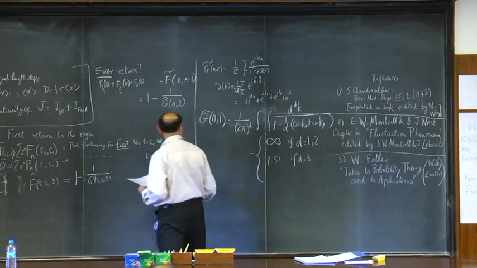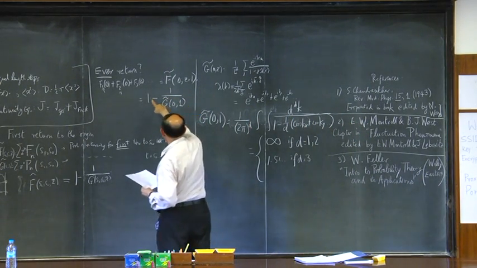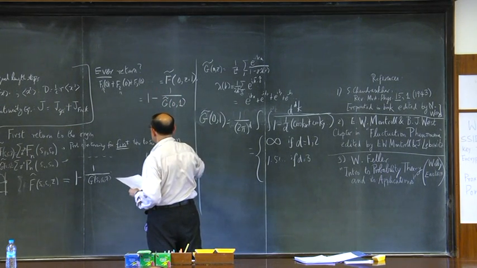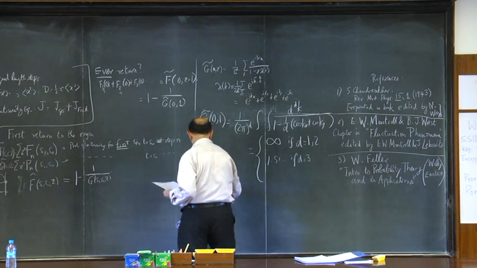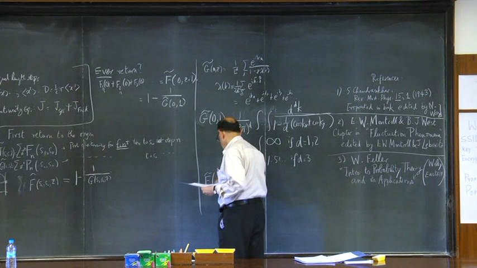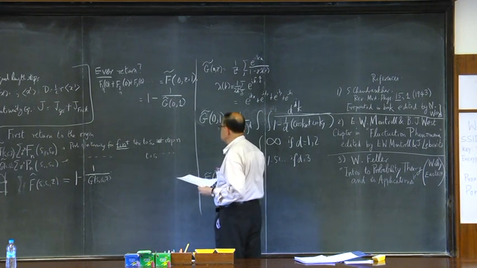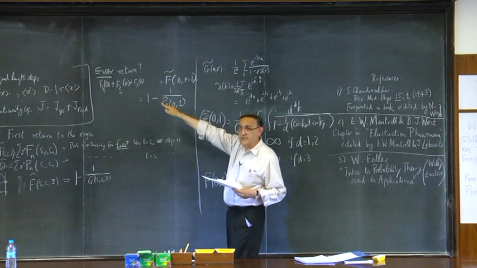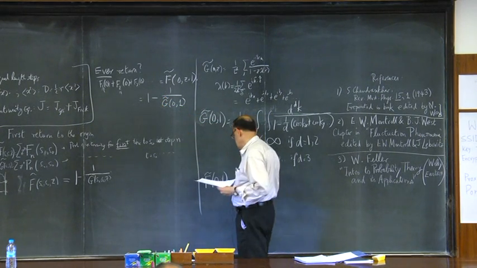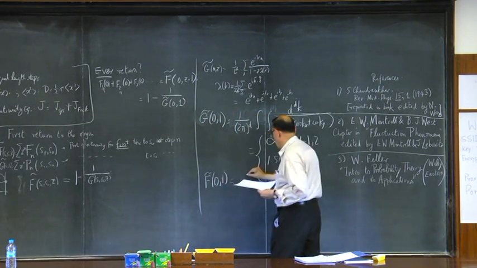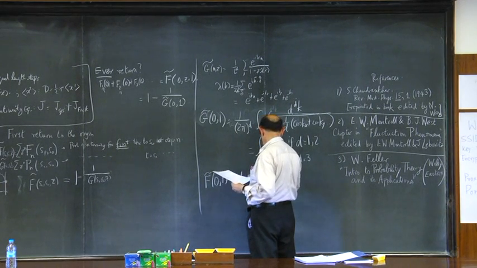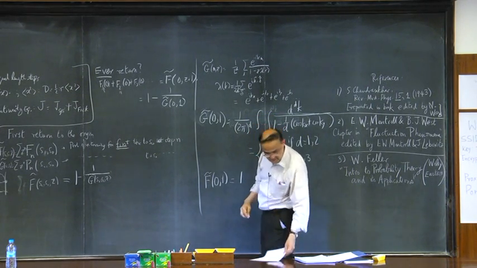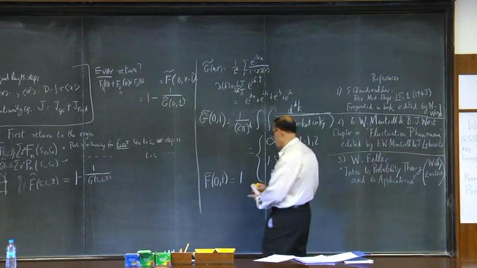And this immediately has an implication for f, because what we need is f hat 0 and 1, which is the probability of ever returning.